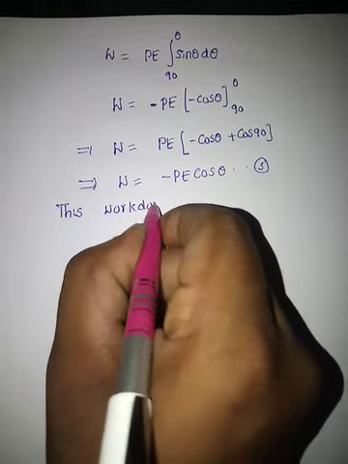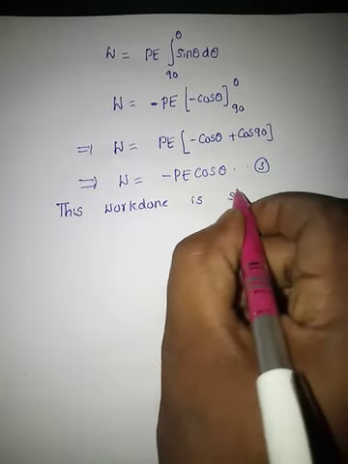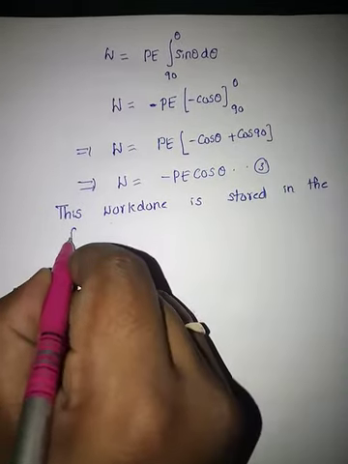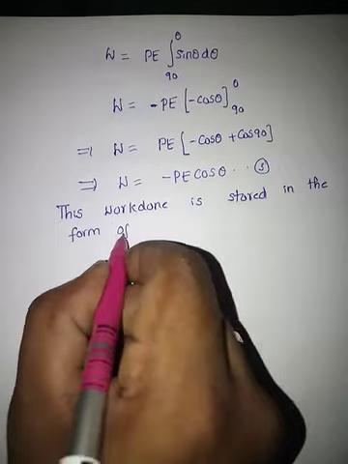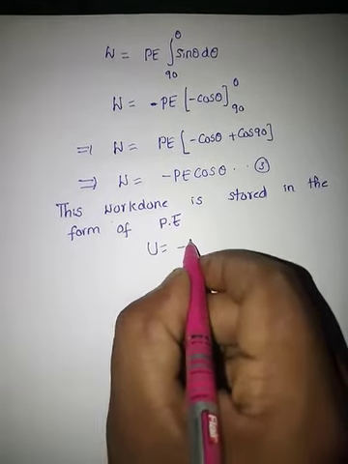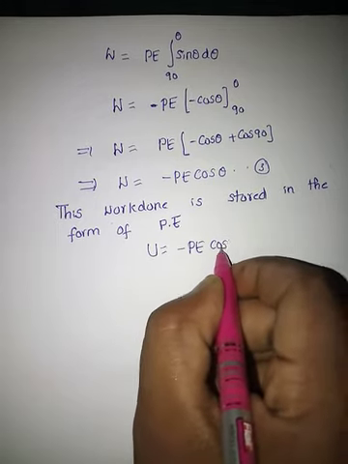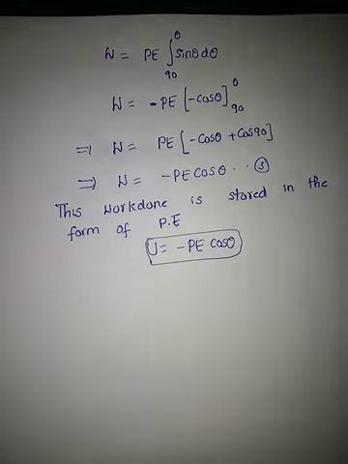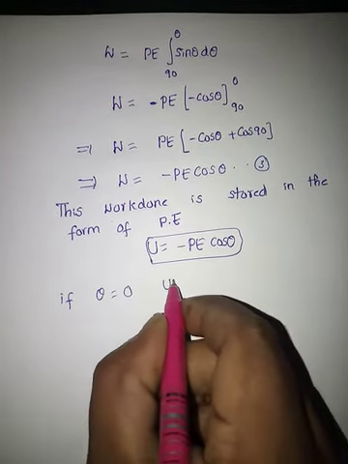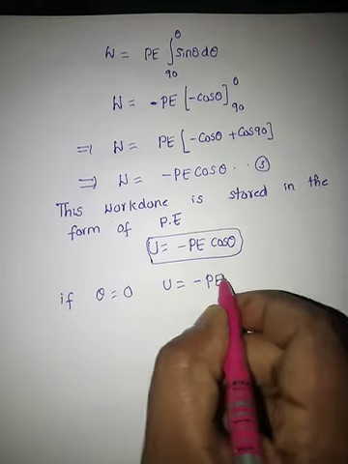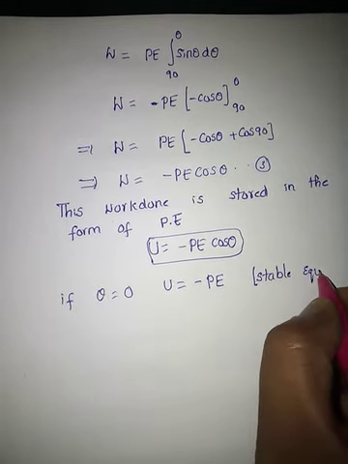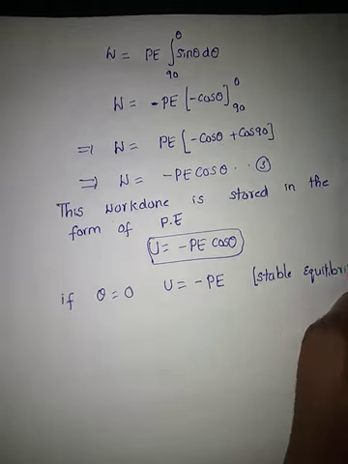As we already said, this work done is stored in the form of potential energy. So U is equal to minus P cos theta. If theta is equal to 0, U is equal to minus P, that is called stable equilibrium, when the dipole lies along the axis of the electric field.